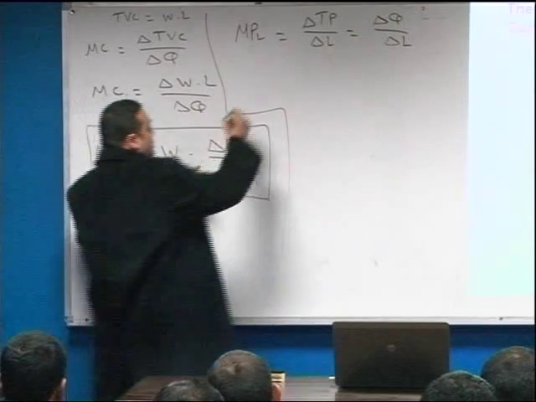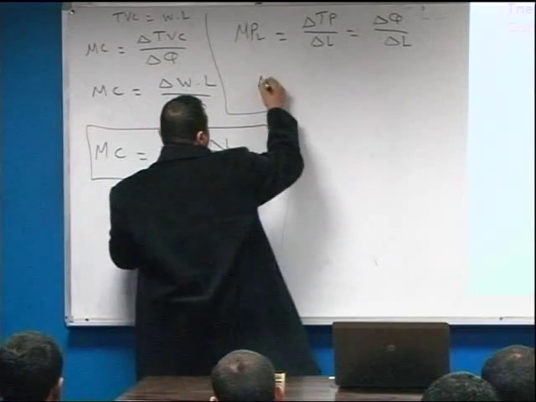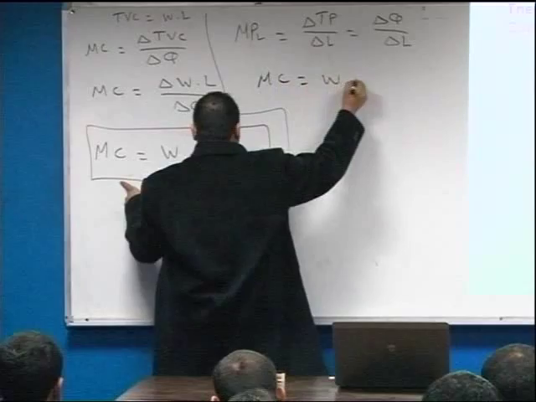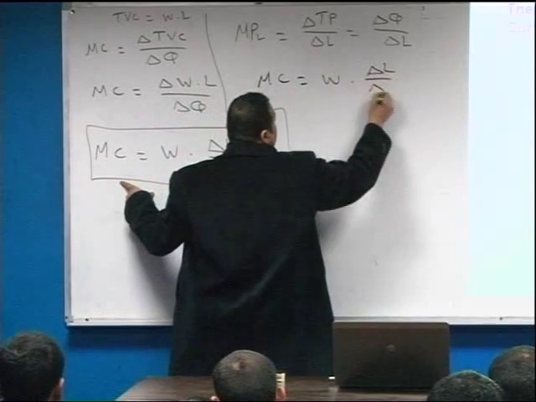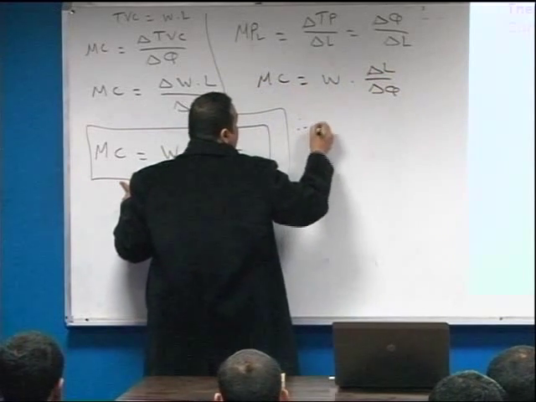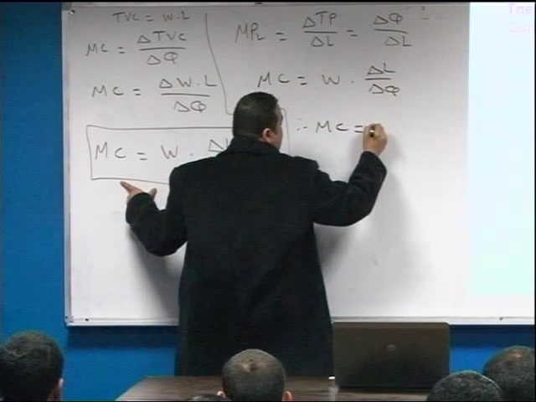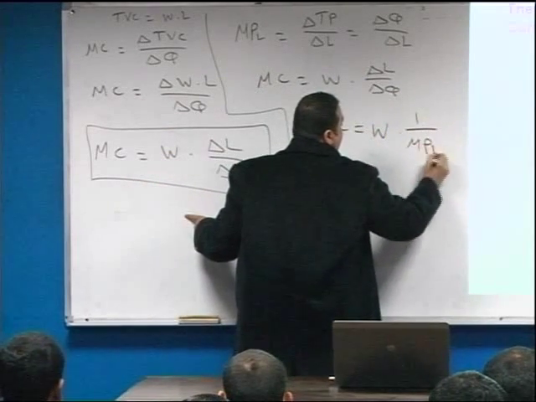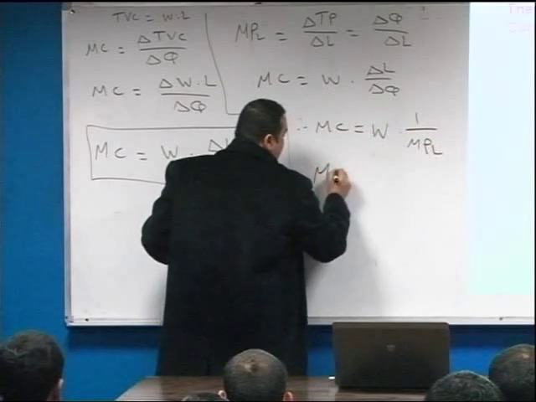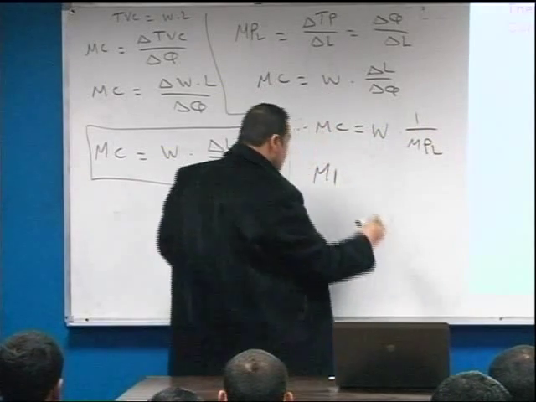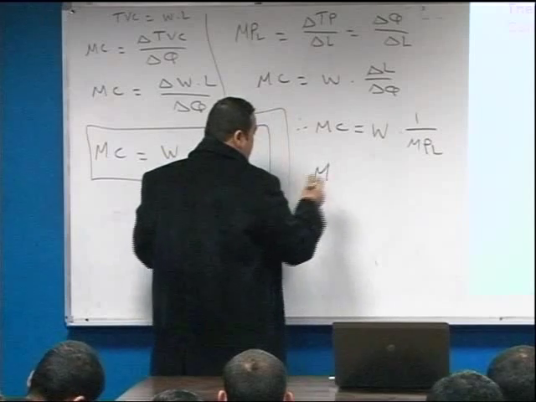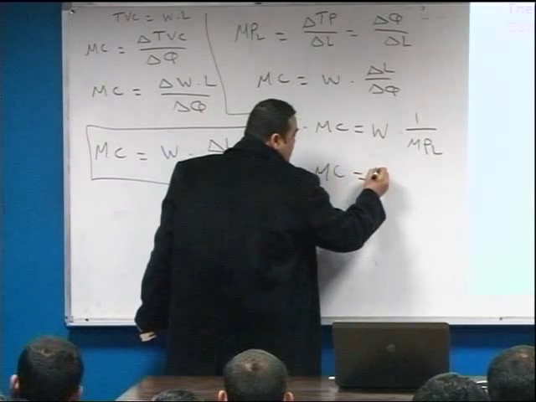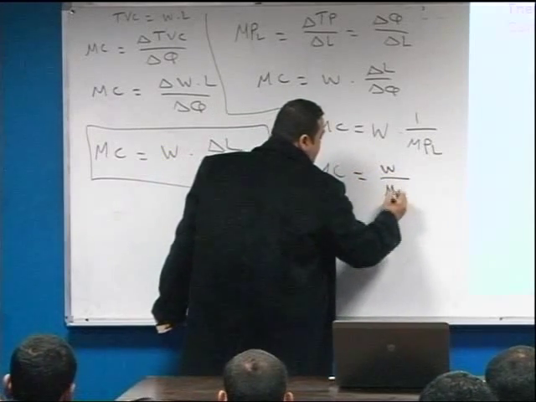So when MC equals W times delta L over delta Q, MC equals W times 1 over MPL, or the marginal cost equals W over MPL.